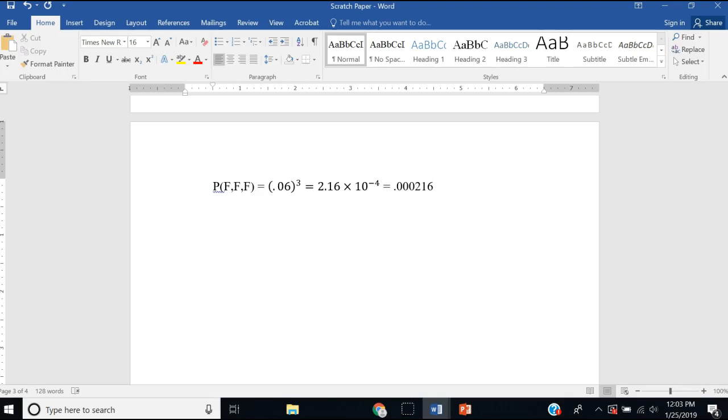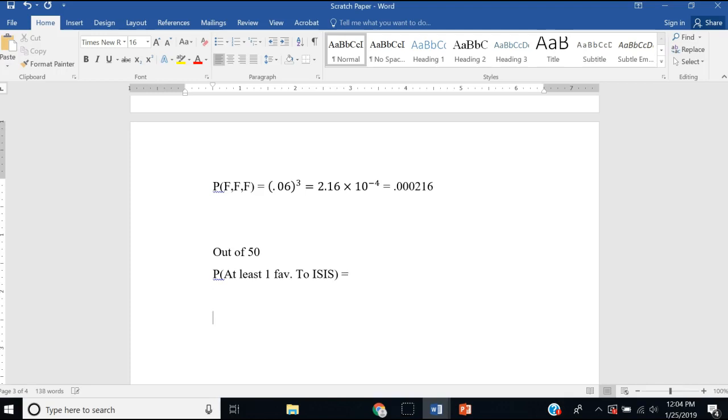Next problem says, what's the probability that out of 50, so this one is out of 50, at least one has a favorable view of ISIS? All right.